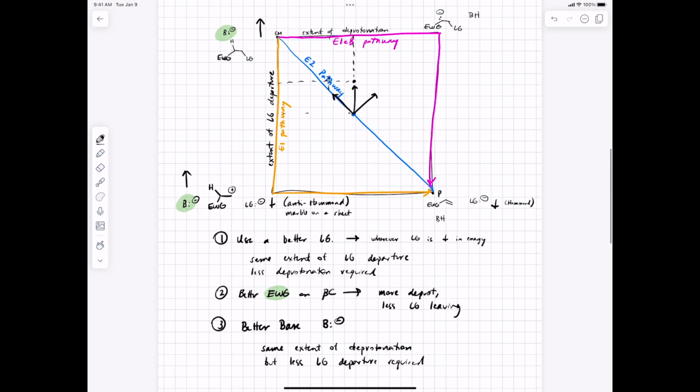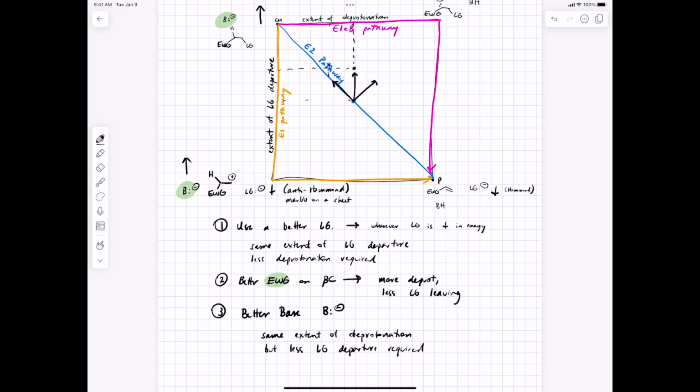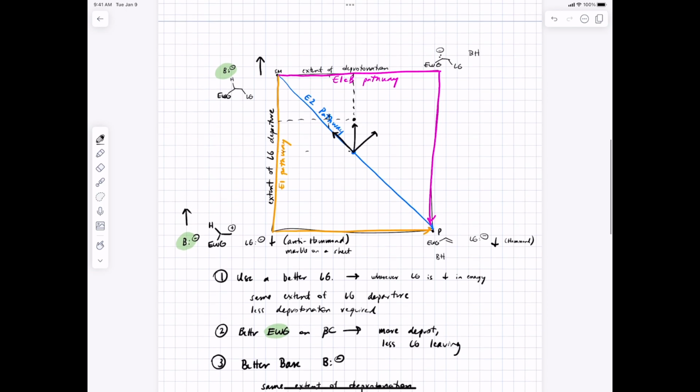So using a stronger base pushes us a little bit more towards the E1CB side than the E2 side, because again, E1CB is all about you deprotonate first and then the leaving group leaves, and we are decreasing the extent to which the leaving group leaves. Okay.